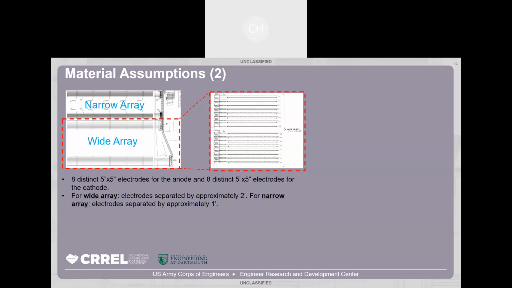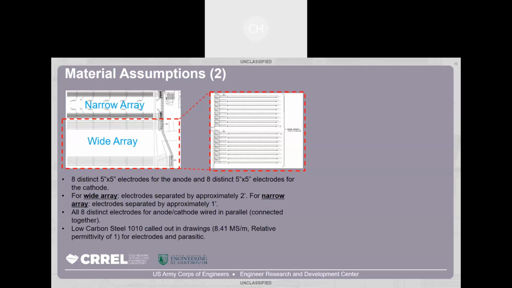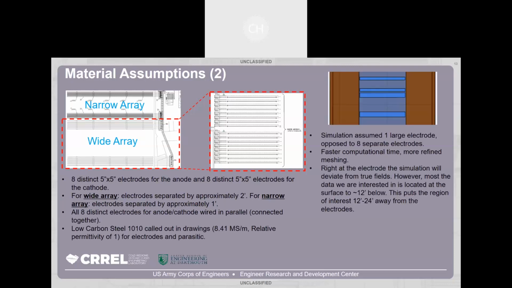I'm not going to get too heavy into some of the Romeoville stuff, because I want to make sure that we get to Brandon Road. But essentially, they have a wide array and a narrow array aimed at different types of fish. And you'll see that in our simulations, for most of these arrays, we're actually assuming one large electrode as opposed to 8 separate ones electrically wired in parallel.